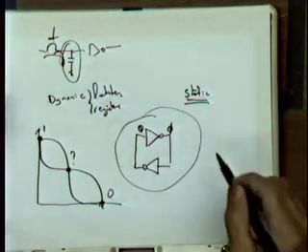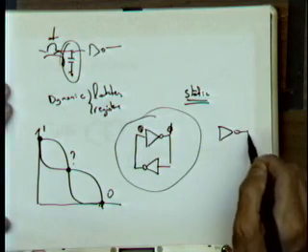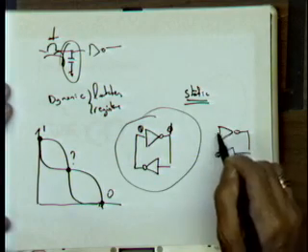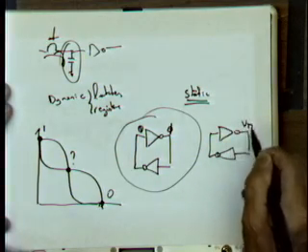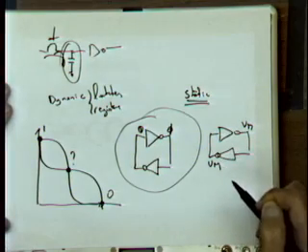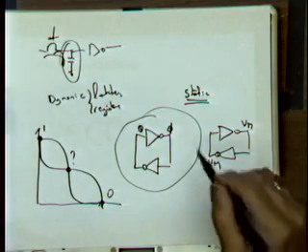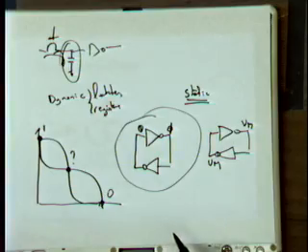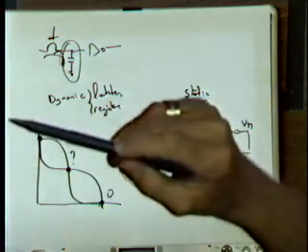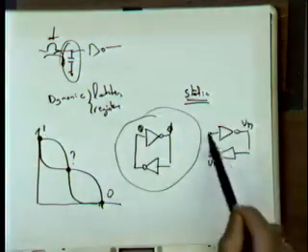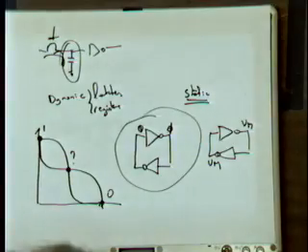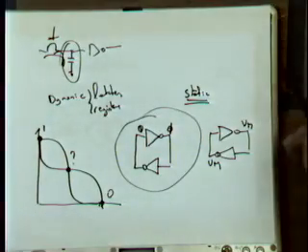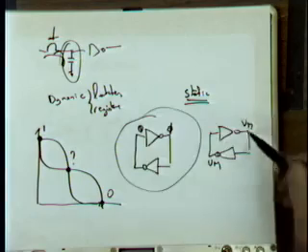If I connect two inverters back to back, there is a possibility that this is equal to Vm and this is equal to Vm, the switching point. That's a perfectly legit solution. You put both of them in the middle at half VDD, and this is a perfectly legit point. So you have 1, 0, 0, 1, and VM, VM.